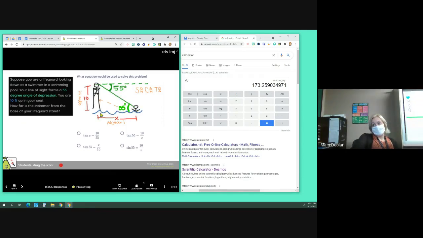This is creating basically two right triangles that are the same right triangle, just oriented differently. So this 55-degree angle here and this angle here is also 55 degrees because they are alternate interior angles. And I want to know, how far away is the swimmer? This is our unknown. X distance, X feet. And I am 10 feet in the air, and that's all I need to know to figure out how far away he is.